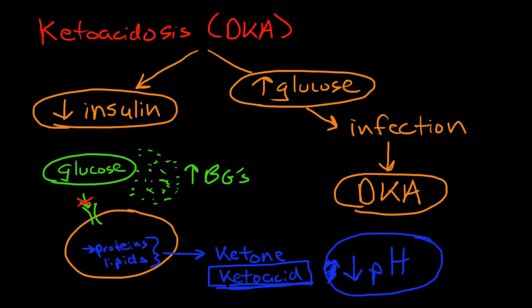One of the other effects I wanted to talk about is, remember that insulin is a regulator of the sodium-potassium pump. So without insulin, we are not pumping as much sodium-potassium into and out of the cell.